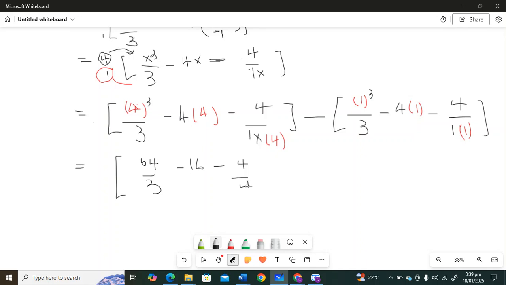I'm just doing it step by step so that everyone is okay. So 4 divided by 1, it becomes 4 here. 4 divided by 4, it becomes 1 here. I hope we're all okay with that.